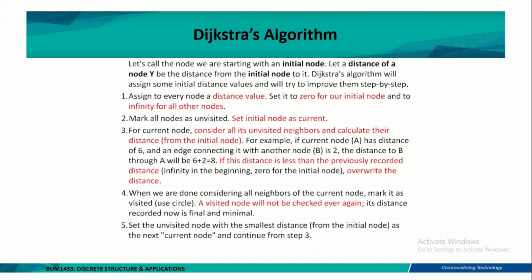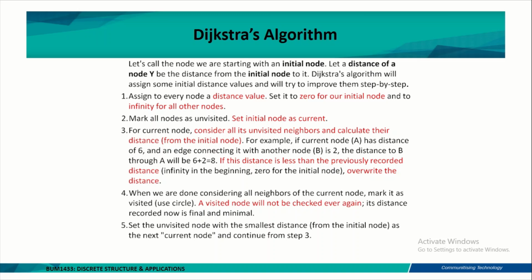A visited node will not be checked again. Its distance recorded now is final and minimal. Set the unvisited node with the smallest distance from the initial node as the next current node and continue from step 3. So let's see the steps one by one clearly.